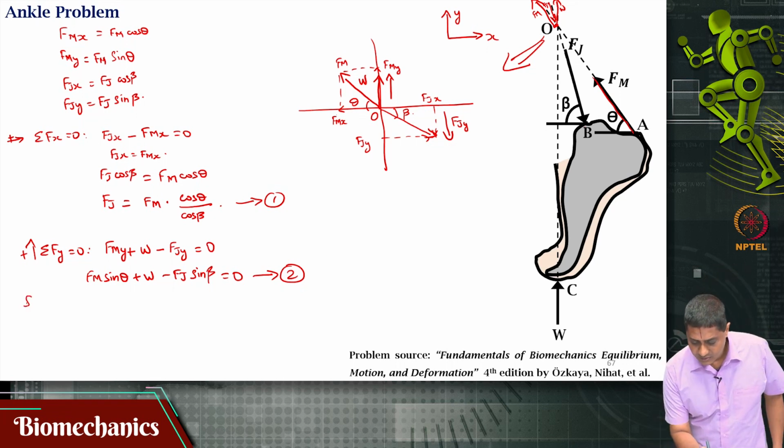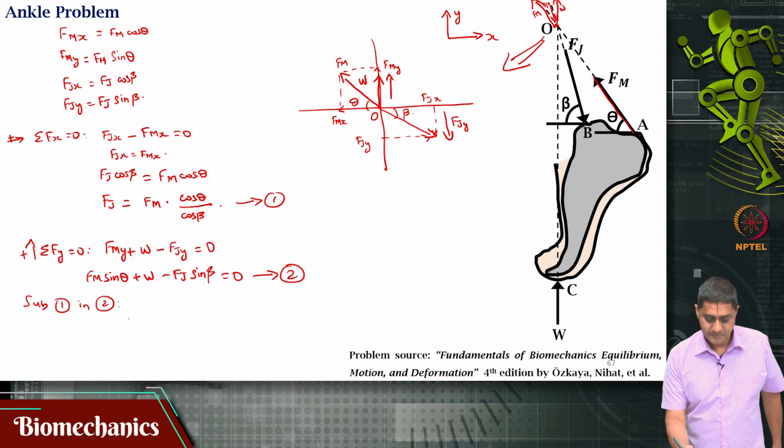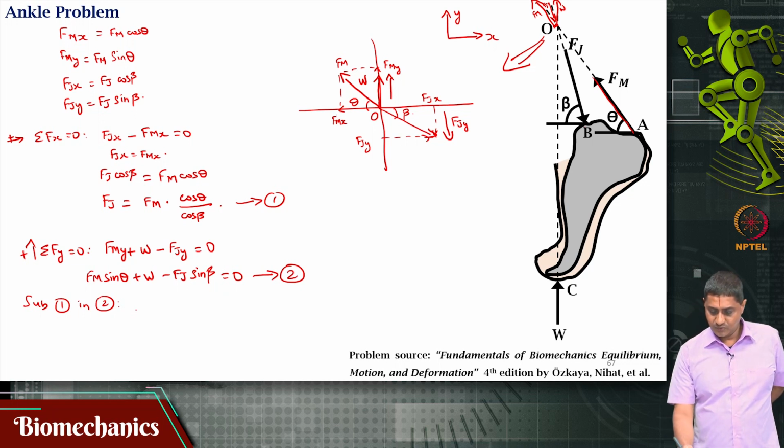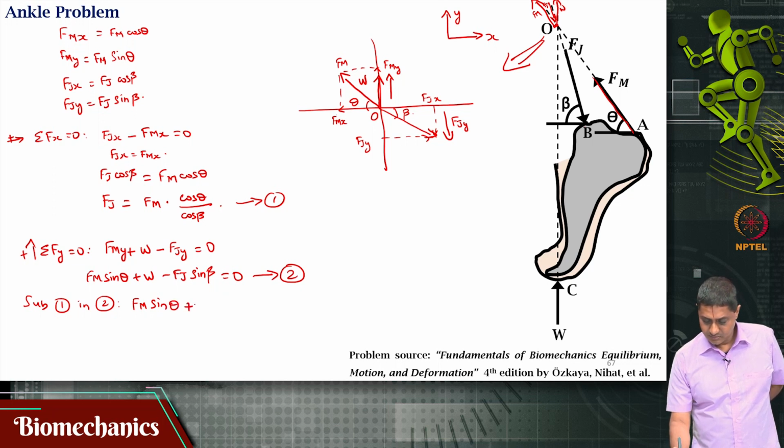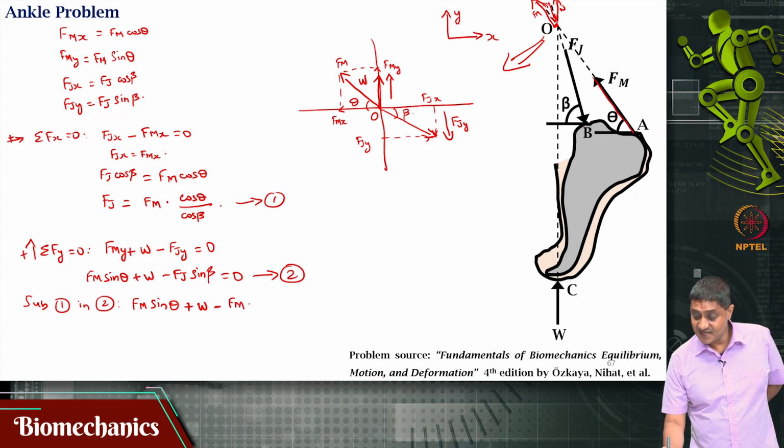Now, substitute equation 1 in equation 2. When I do that, what do I get? Fm sin theta plus W minus Fj, and Fj is Fm cos theta by cos beta, is it not?